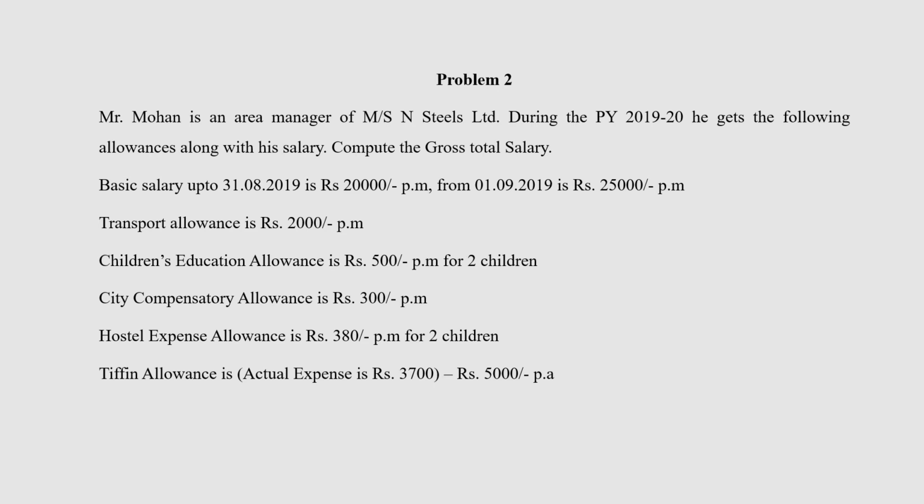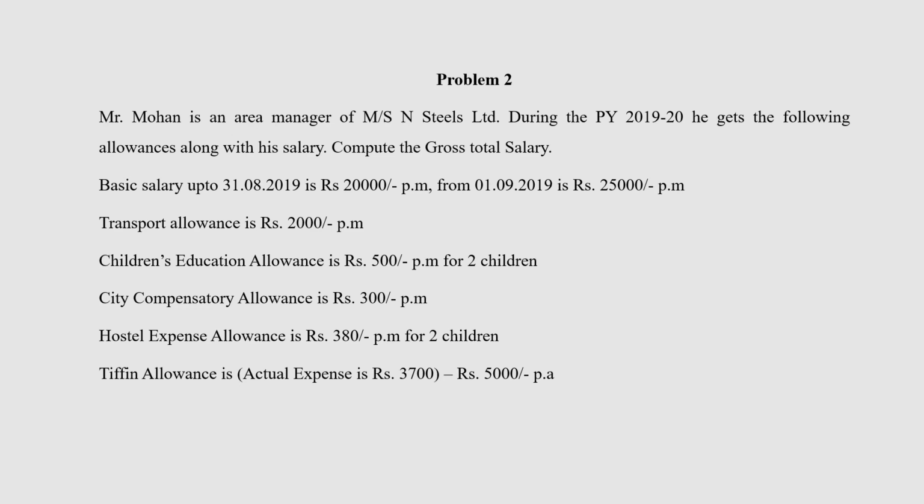Transport allowance is rupees 2,000 per month. Children education allowance is 500 per month for 2 children. City compensatory allowance is 300 per month. Hostel expense allowance is 380 per month for 2 children. And tiffin allowance: actual expense is 3,700, but he receives 5,000 per month.